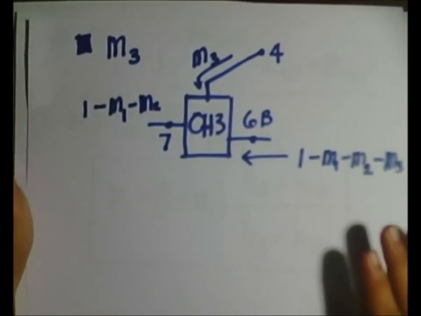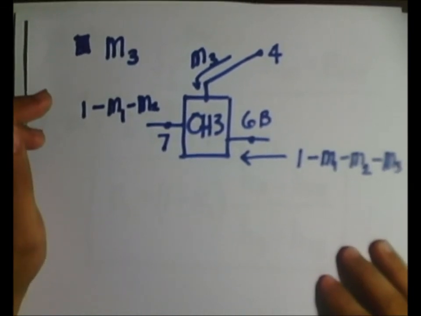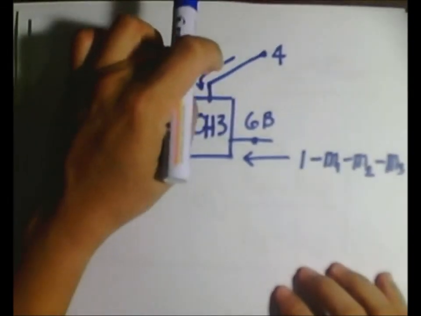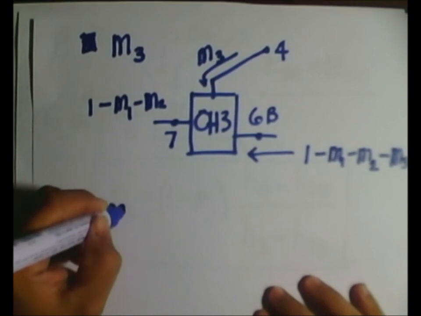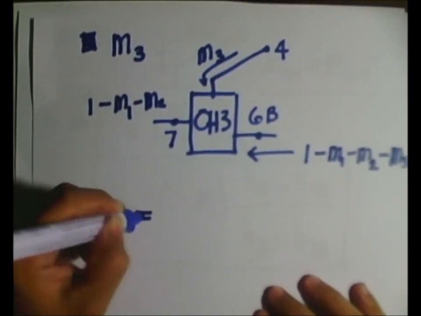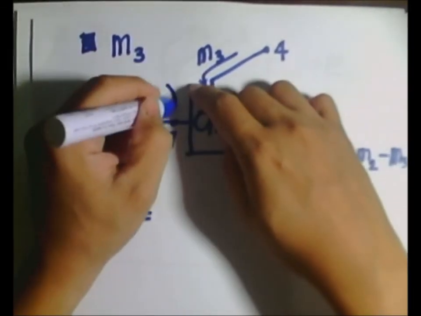So again, we apply our shortcut. M3 is simply equal to what comes out here.